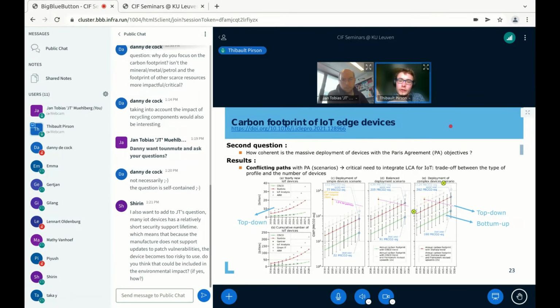But recyclers say the more valuable materials you put in a system, the more interesting it is economically, but also the easier it is to recover the materials. So on one side, from the design, we are going towards more integration and miniaturization.